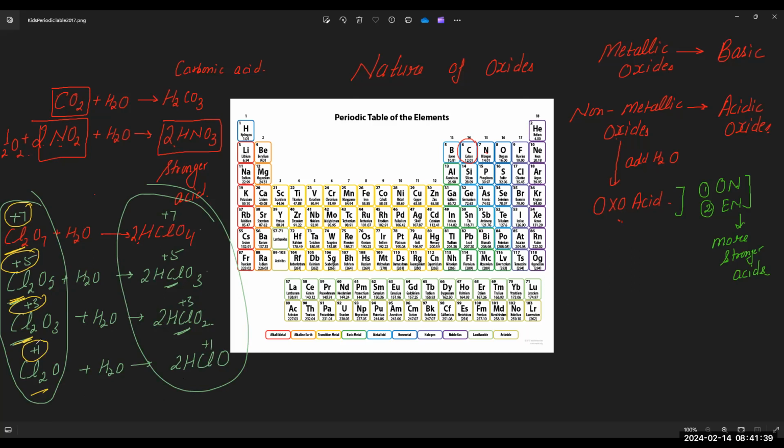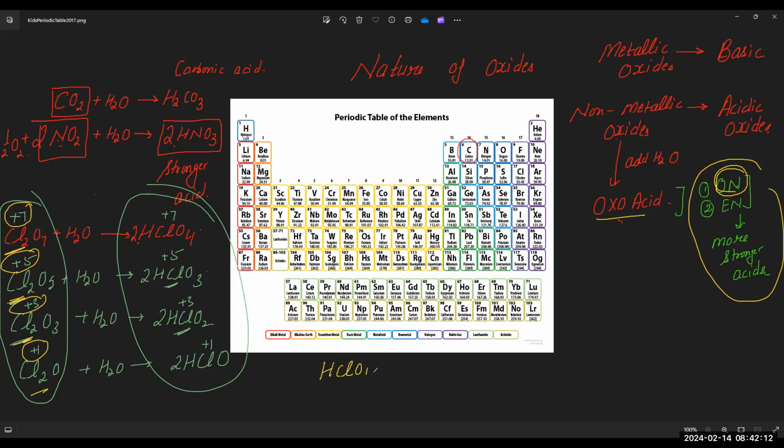Anyone? What is changing? I'm circling what is changing. What are you going to call it? What is changing, Azuni? Nivriti, Aslesha, what is changing? Aditi is answering. Very good, Aditi. Oxidation number. And if oxidation number increases, what happens to acidity? See here, it's an oxo acid. It increases. So which one is the strongest acid here?